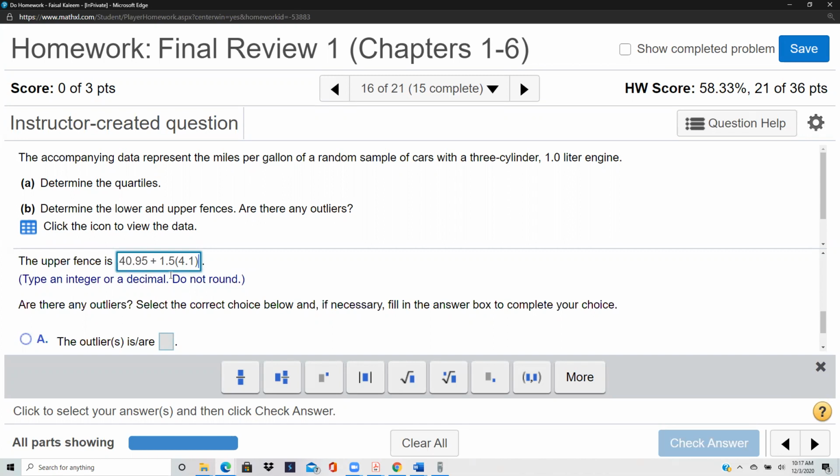Midway between 40. 6.15. 47.1. Is that right?